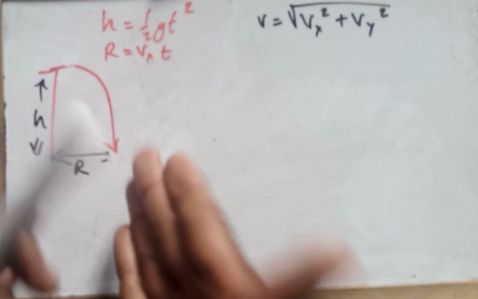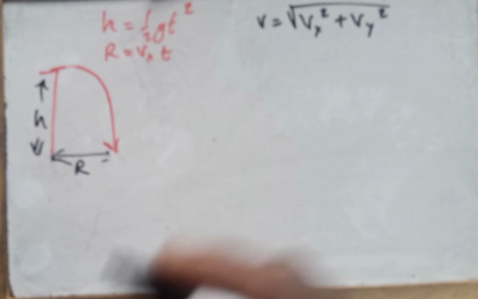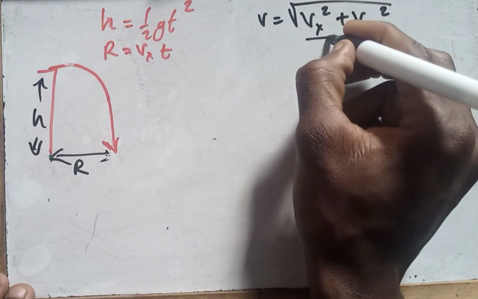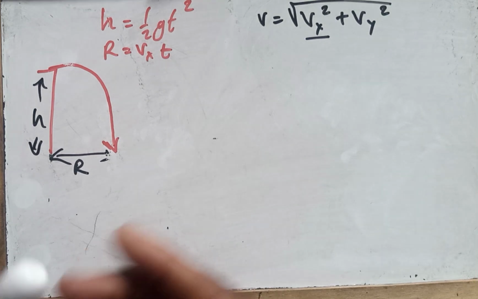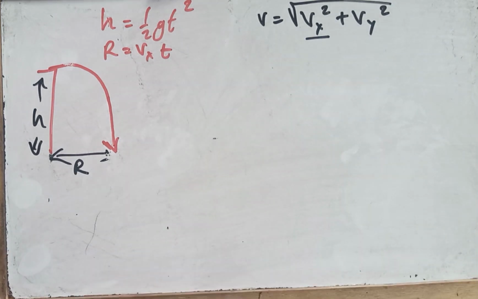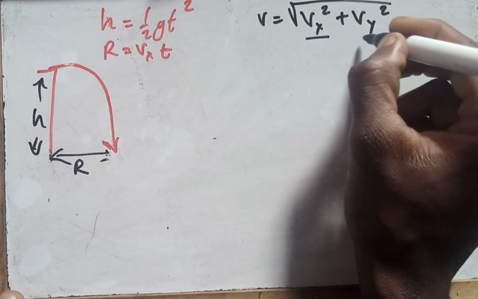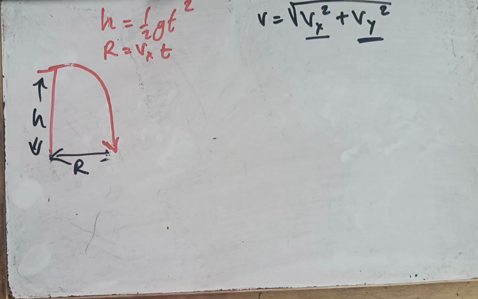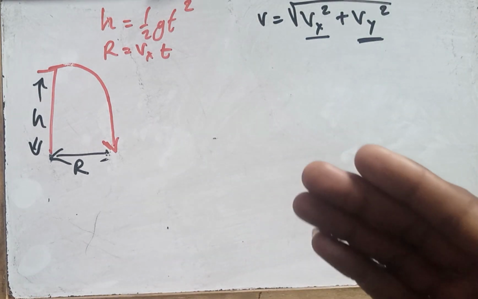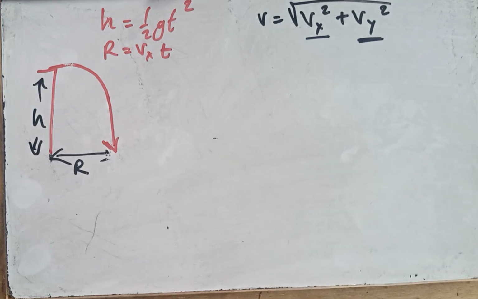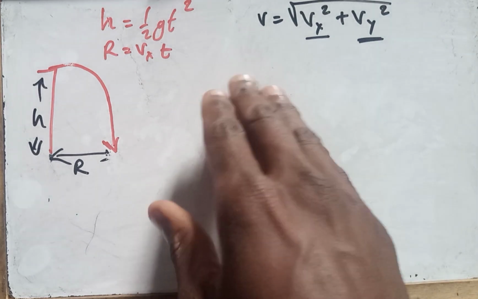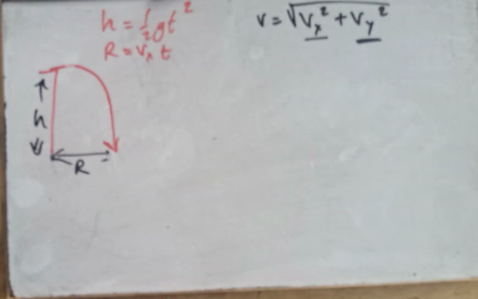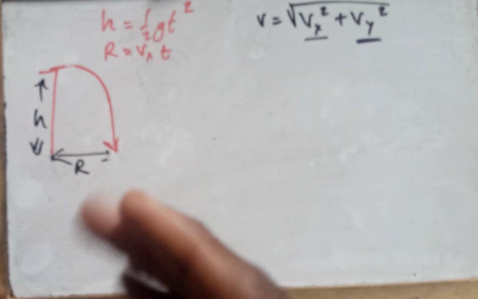In this type of projection, we have the velocity in the x, which is the velocity at which the ball was thrown, but we don't have the velocity in the y-axis. So we first have to calculate the velocity in the y-axis, and then calculate the speed the ball is moving at before it hits the ground.